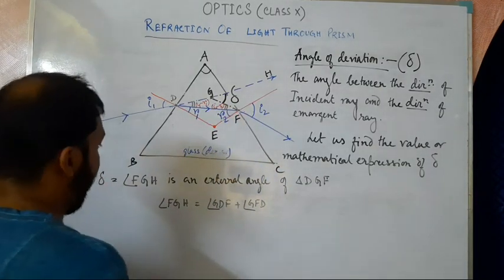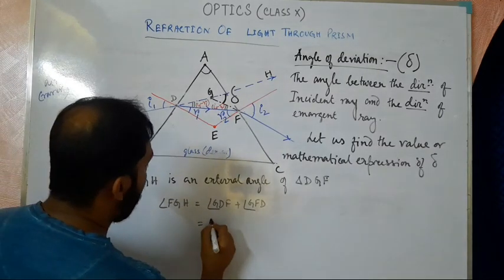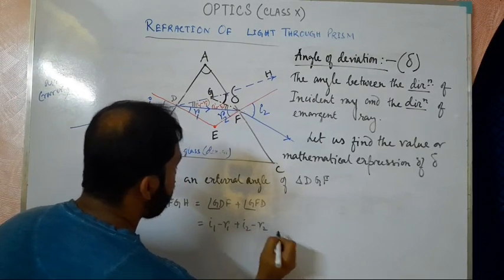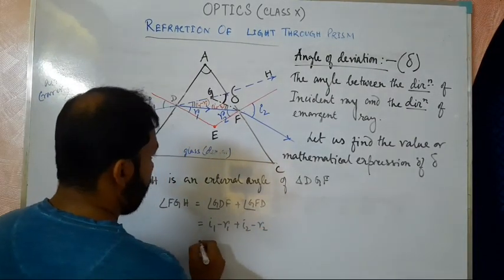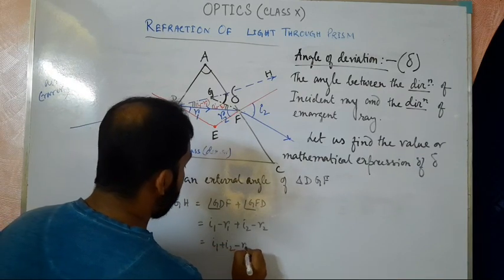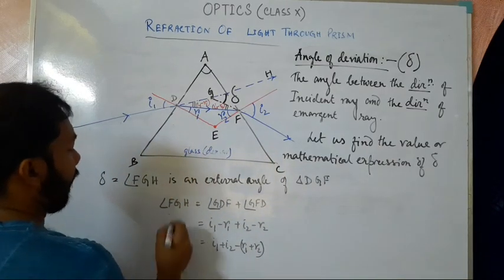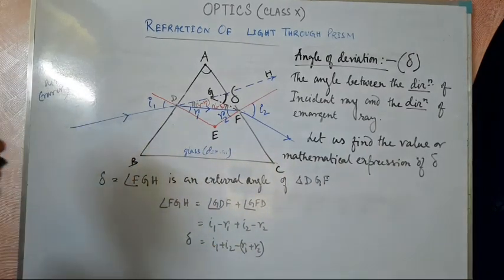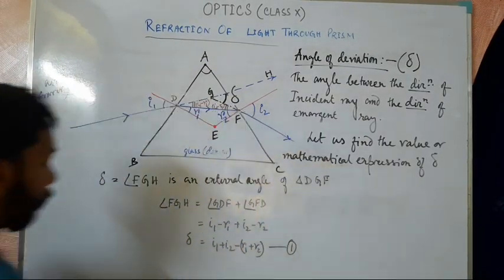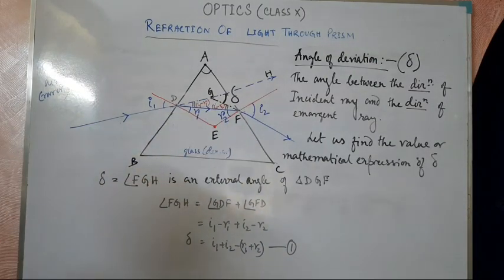So if we write these values here, we have I1 minus R1 plus I2 minus R2, which means I1 plus I2 minus R1 plus R2. What is that? This is delta. So we have an equation for delta which involves two angles of incidence and two angles of refraction.